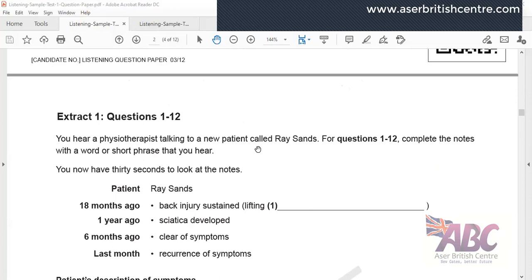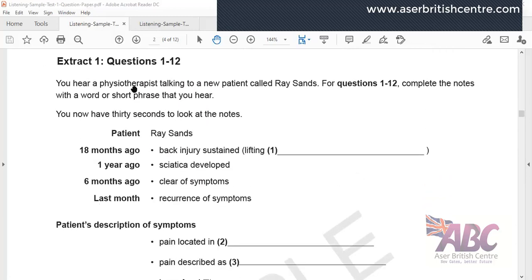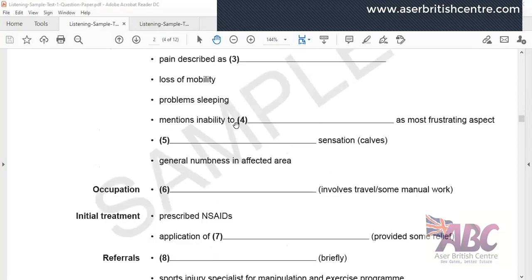Let's have a look at these questions here, questions from 1 to 12. Of course, this part here is very important, the introduction, or the notes that we have in the test. Mainly here we have a physiotherapist. Before playing the audio, you'll have about 30 seconds. Try to scan as much as you can of the text in front of you.